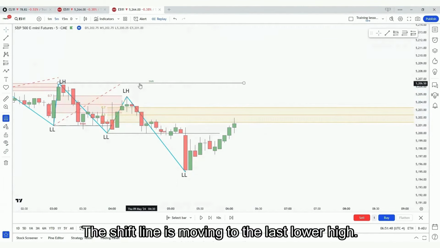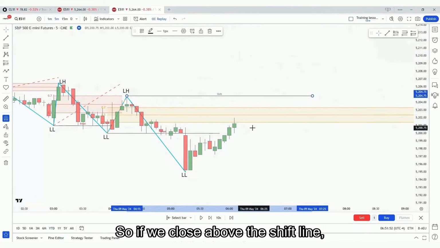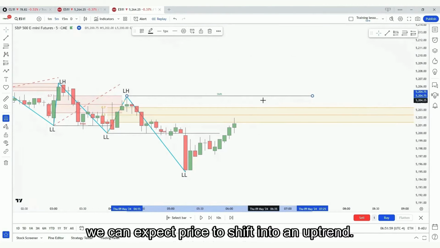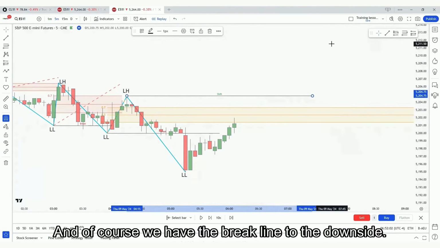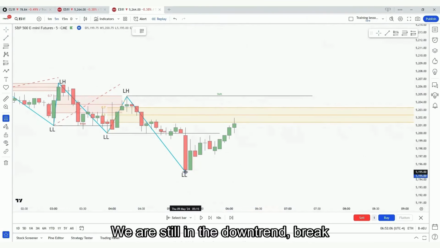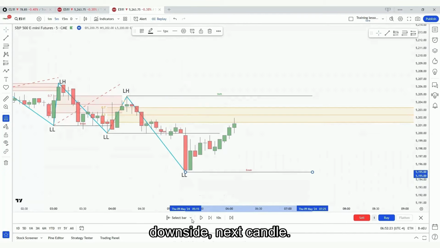The shift line is moving to the last lower high. So if we close above this shift line, we can expect price to shift into an uptrend. And of course we have the break line to the downside. We are still in a downtrend.